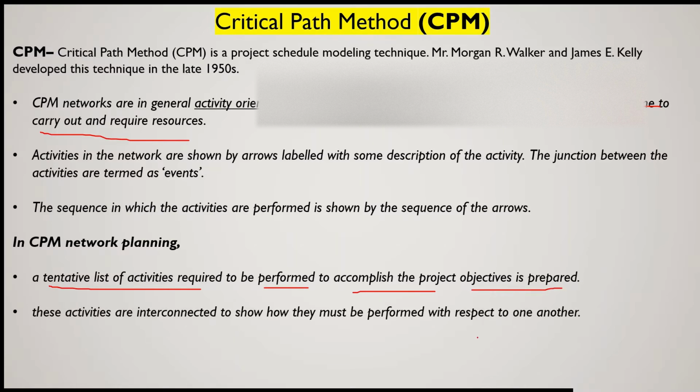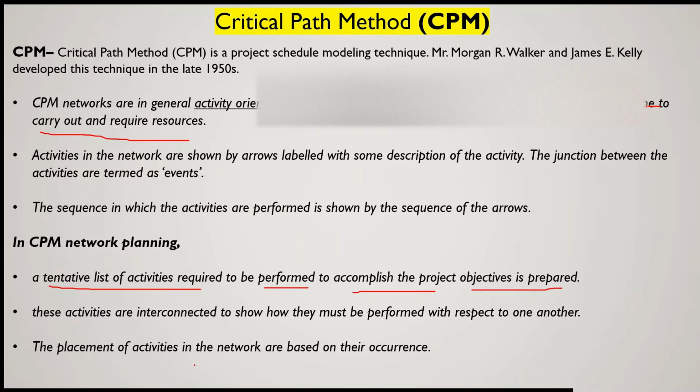Now these activities are interconnected to show how they must be performed with respect to one another. That means how or when which activity needs to be performed will be mentioned, and from the interconnection between the activities we can proceed.